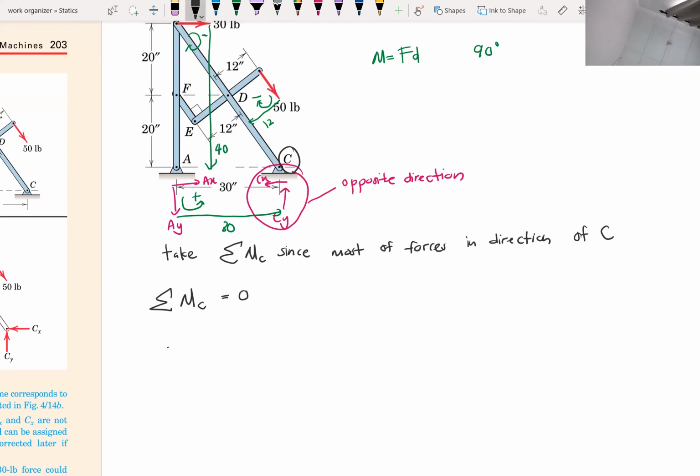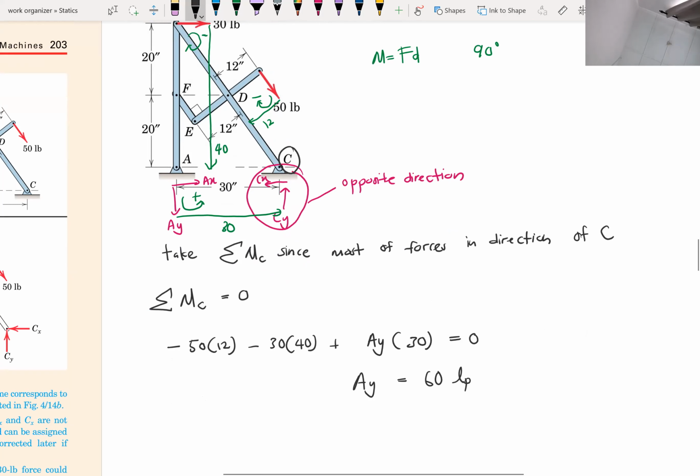So we have negative 50 times 12, negative 30 times 40, plus AY times 30 equal to 0. So AY equals 60.